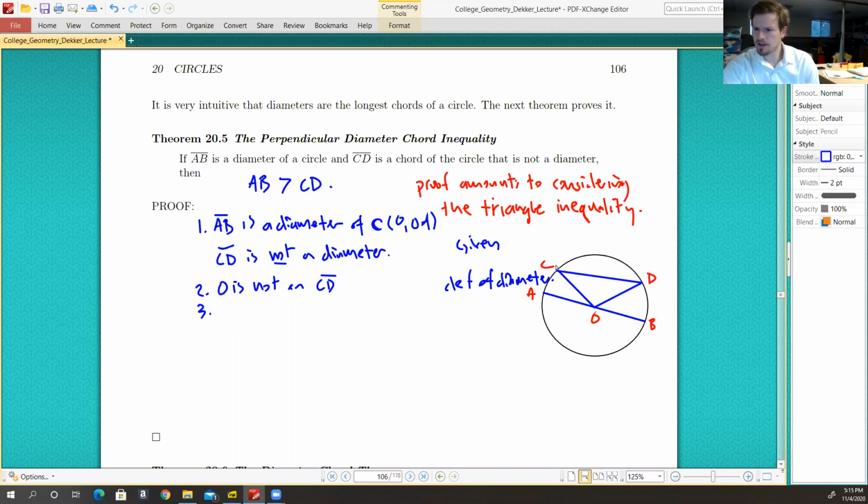All right, by the triangle inequality, we know that CO plus DO is larger than CD. And that's the triangle inequality.